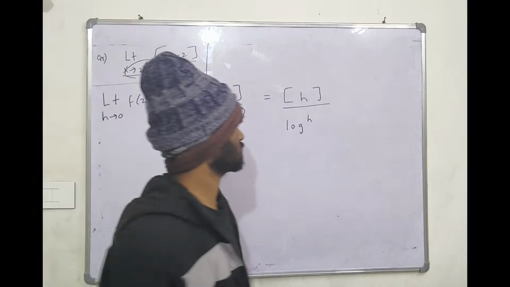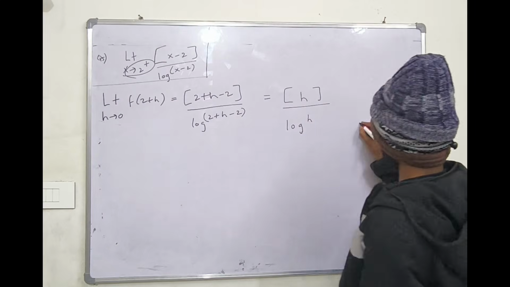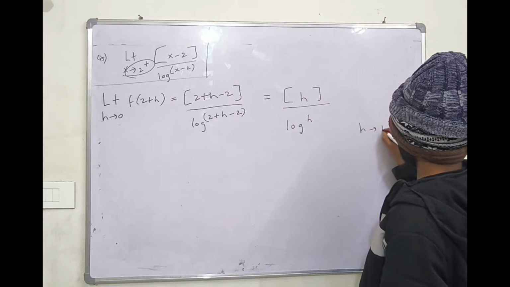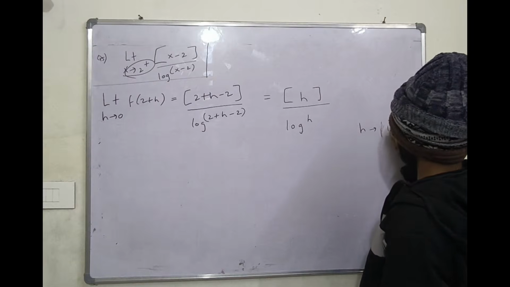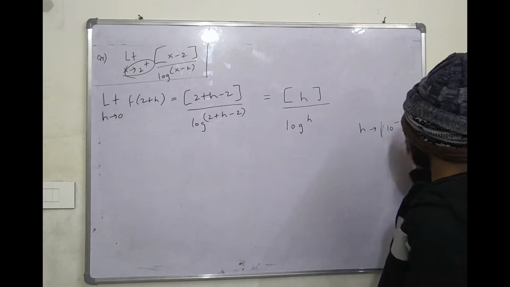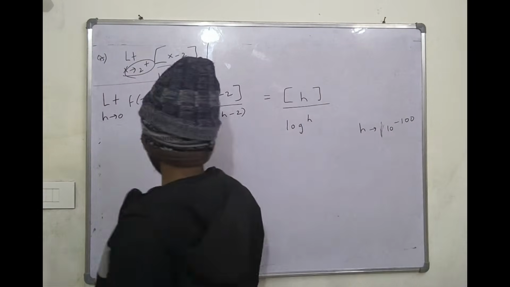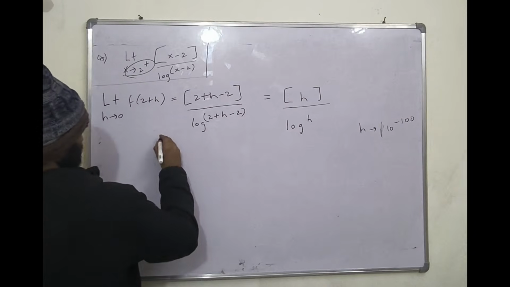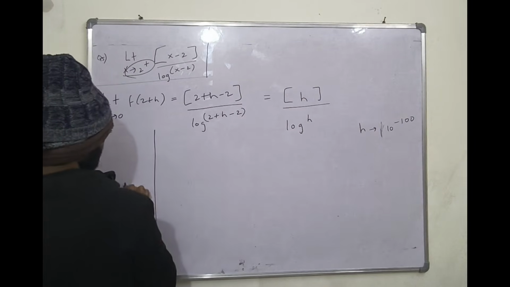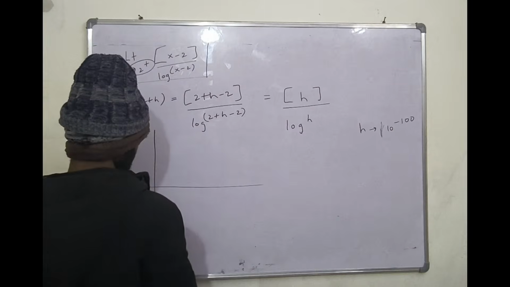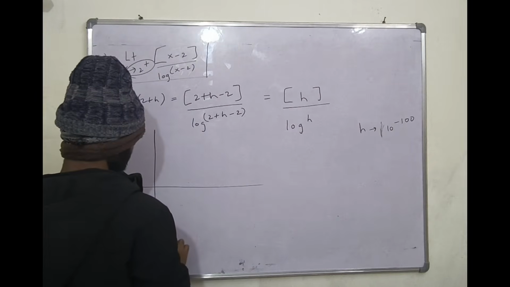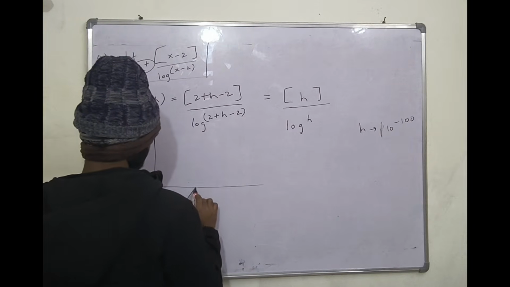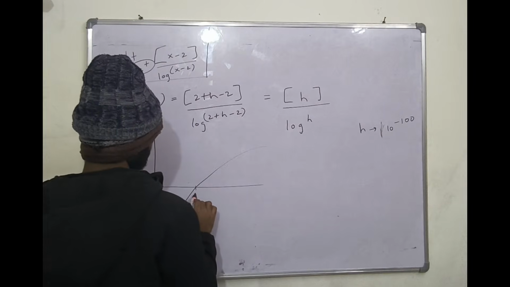Now, since h is positive and infinitely small, for example 10 power minus 100, it is tending to 0. So if you draw the log graph, it comes from minus infinity at x equals 0 and touches here at x equals 1, where log 1 is 0.